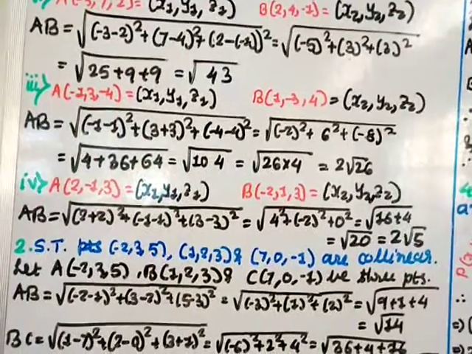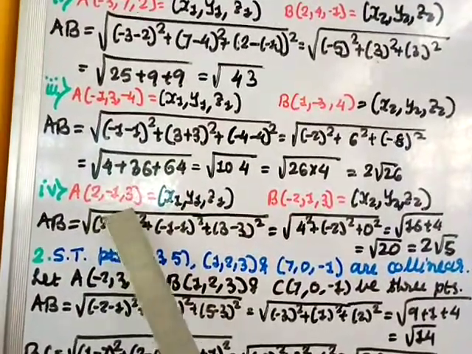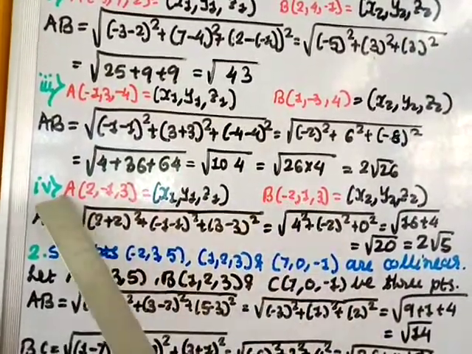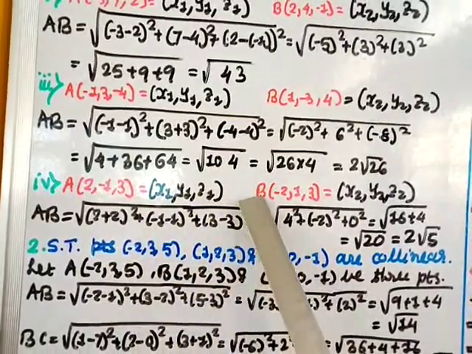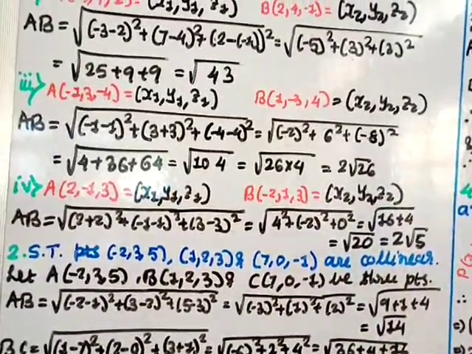Roman number 4: (2, minus 1, 3) and (minus 2, 1, 3). Call this as A, x1, y1, z1 and this as B, x2, y2, z2. We'll use the same result.